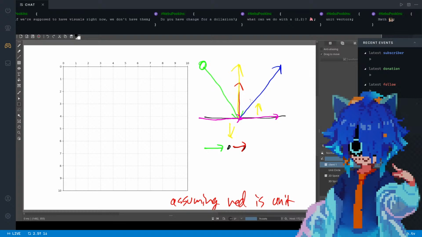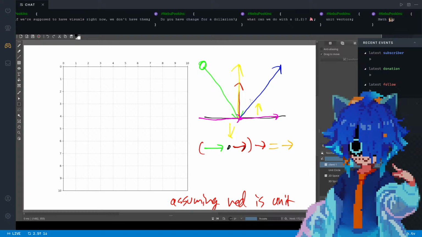And then we can multiply that result by the red vector. Okay, so we're going to call this the orange vector. And then how do we find the purple vector?